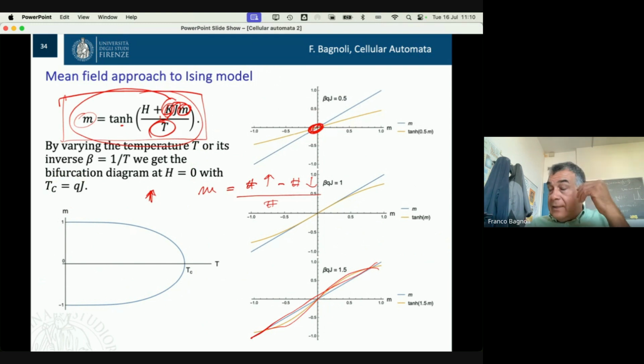For a critical temperature, we have tangency, so we have large fluctuations because here there are many solutions essentially. Two, no, three actually, mathematically, but it means that a lot of different values of m are compatible. While for small enough T, we have two intersections, and so again we recover this bifurcation diagram, this phase transition diagram.